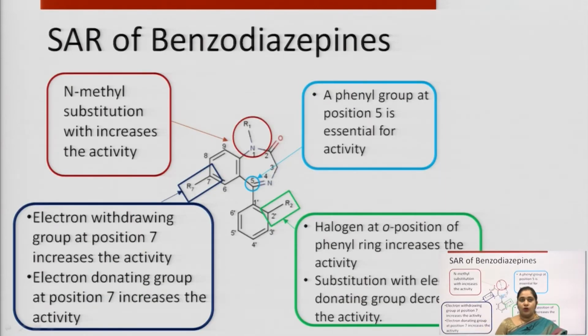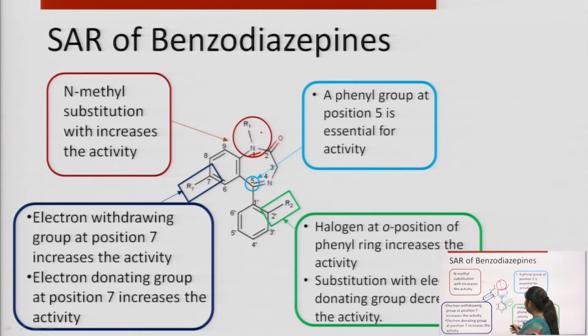So when we talk about the structure activity relationship of benzodiazepine, benzodiazepine has a very diverse structure. We have several targets in this case. The first target is nitrogen that can be substituted or not.